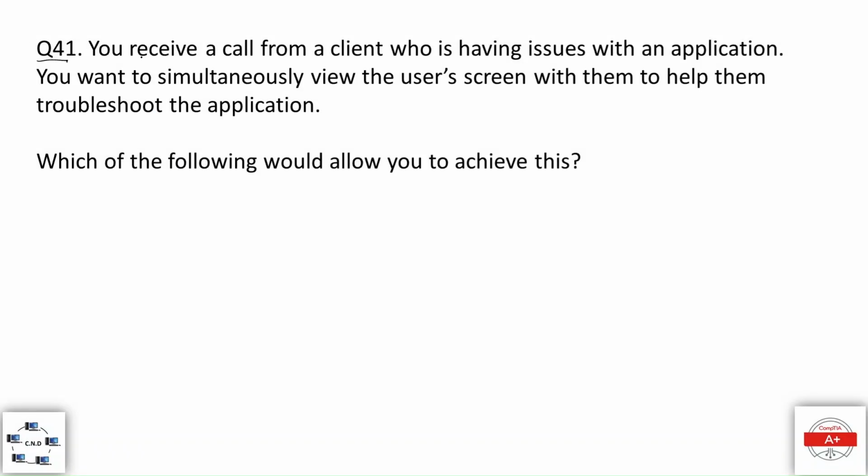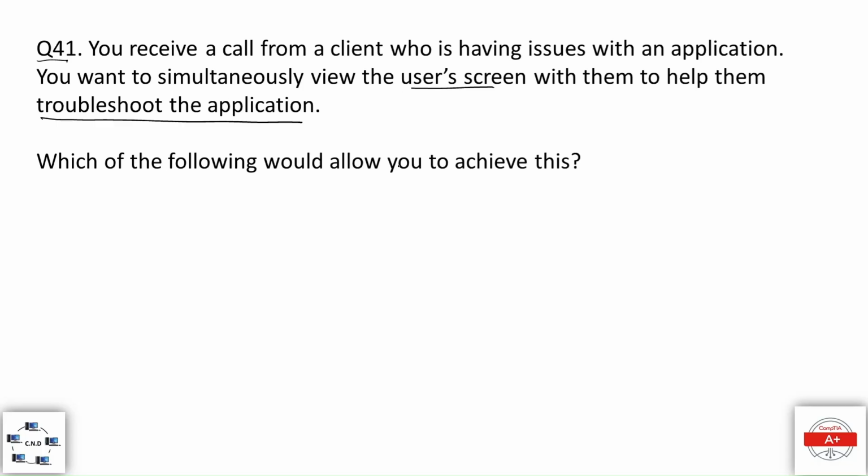Question number 41. You receive a call from a client who is having an issue with an application. You want to simultaneously view the user screen with them to help them troubleshoot the application. By user screen, we mean that we want to view the user's laptop or PC screen.